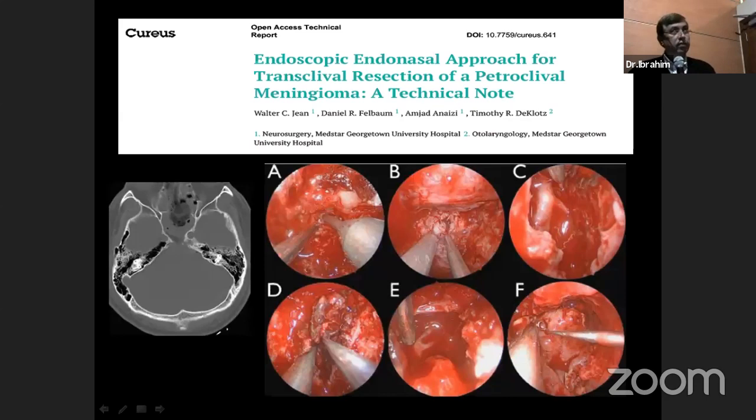So they have different approaches, and these are the papers published for removal of petroclival meningiomas. Can they remove it like in microscope? The answer is no. But it is for the future, and this is the future of neurosurgery.